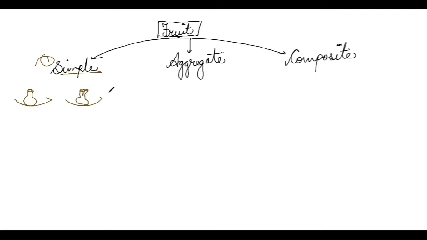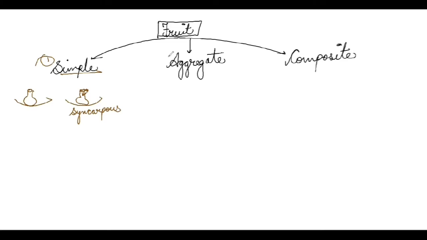They all will remain fused with each other. So this is the syncarpous condition, where a number of pistils or carpels are present together, but they form a single fruit. Clear? This is very easy. I hope you all are clear with this.